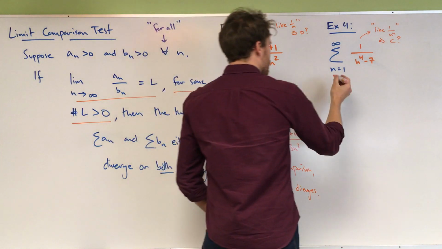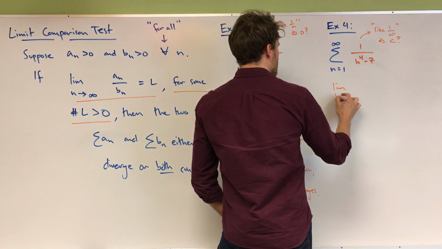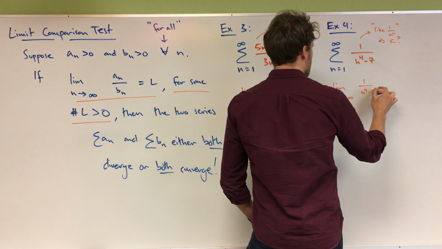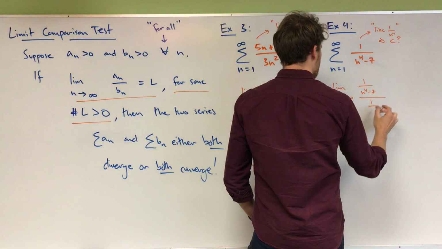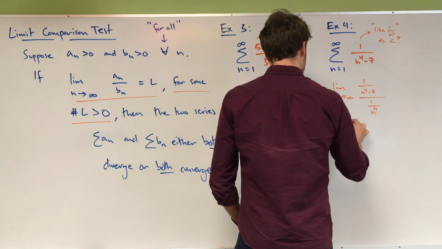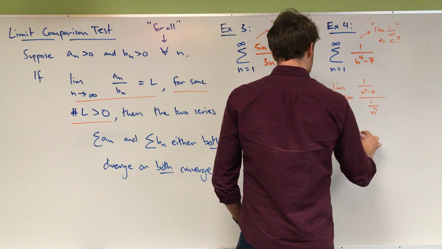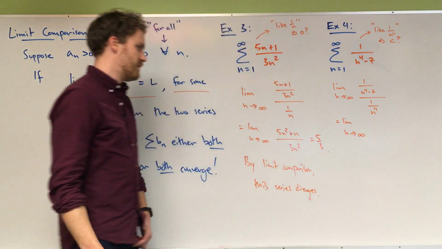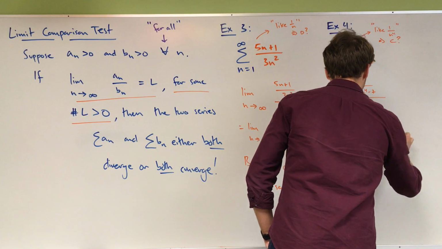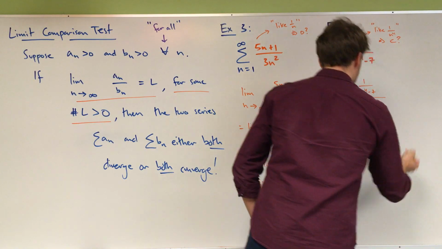In contrast, for this one, let's take the limit as n approaches infinity of 1 over n to the 4th minus 7 all over 1 over n to the 4th. Again, multiplying by reciprocal, we get the limit as n approaches infinity of n to the 4th over n to the 4th minus 7.